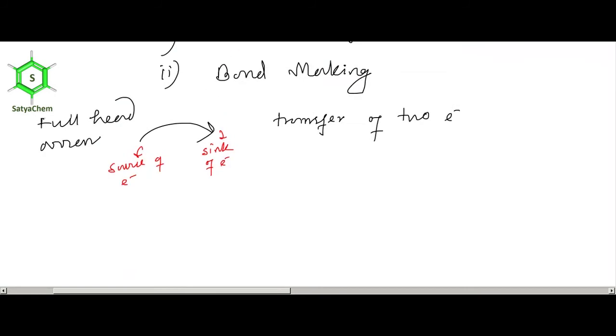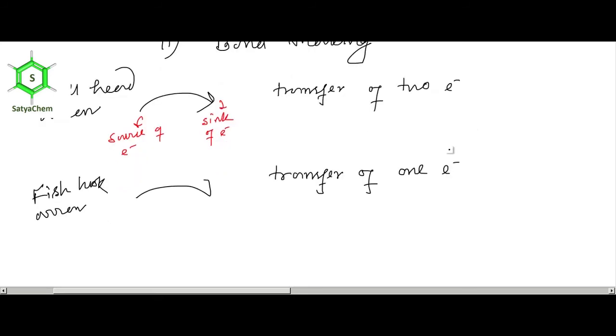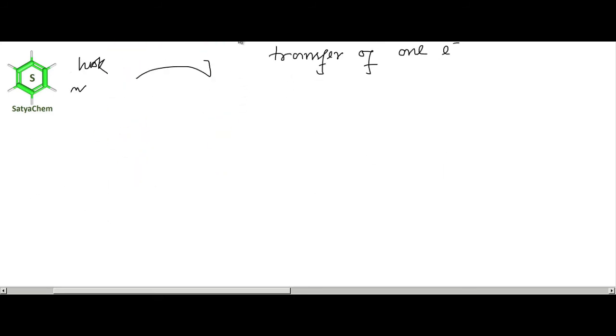Another arrow, the name of the other arrow is fishhook arrow, or half arrow. It indicates transfer of one electron. Now I am going to discuss bond breaking.